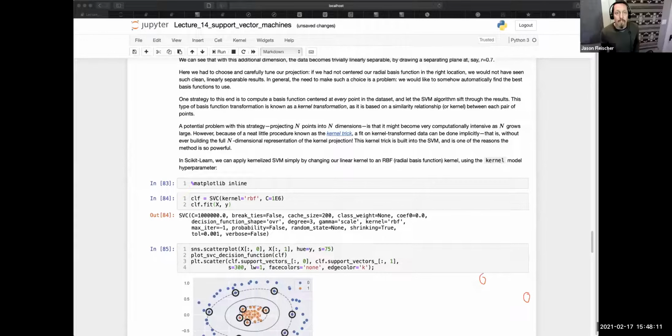And we have some decision boundary, which is formed from some linear combination of these Gaussians operating around these data points, right? So that's what happened here too.